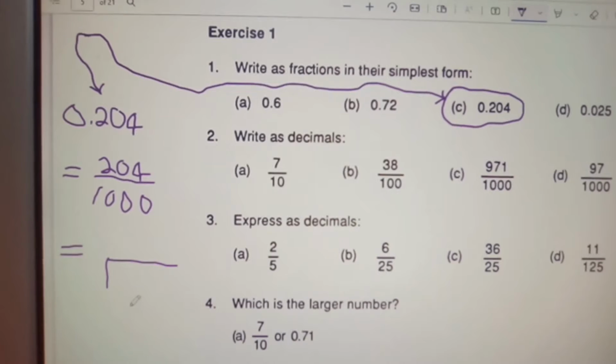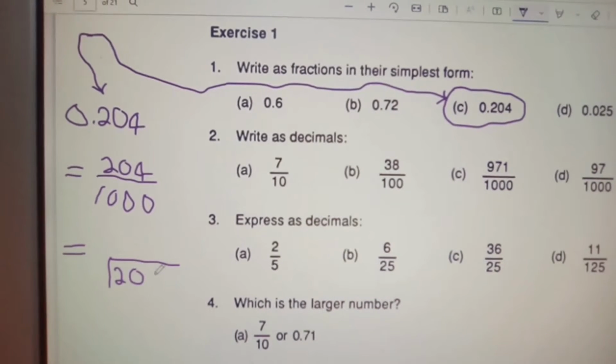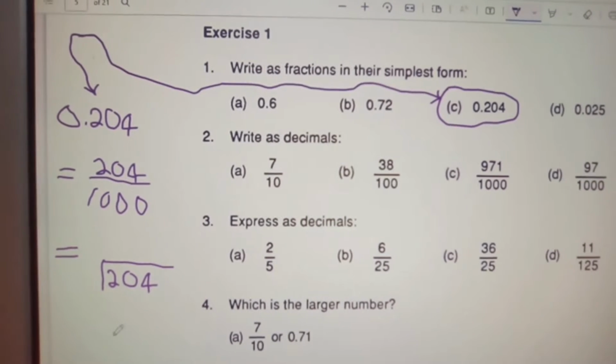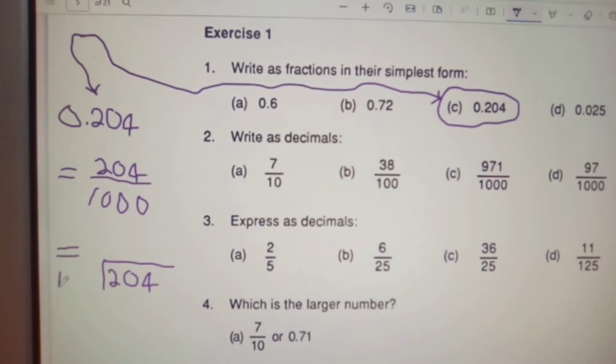I'm going to put a bracket, and inside the bracket I'm going to put 204. Now outside the bracket I'm going to put 1000.